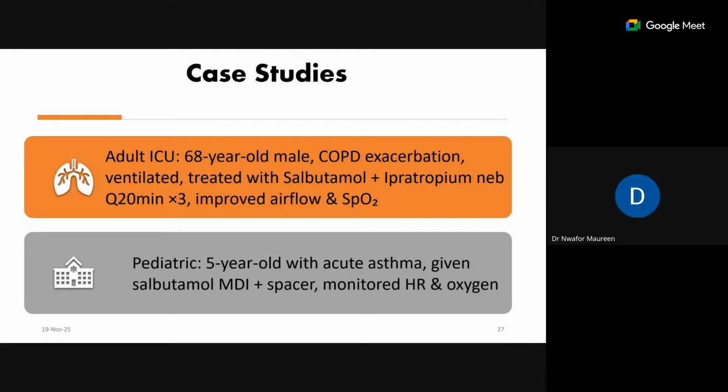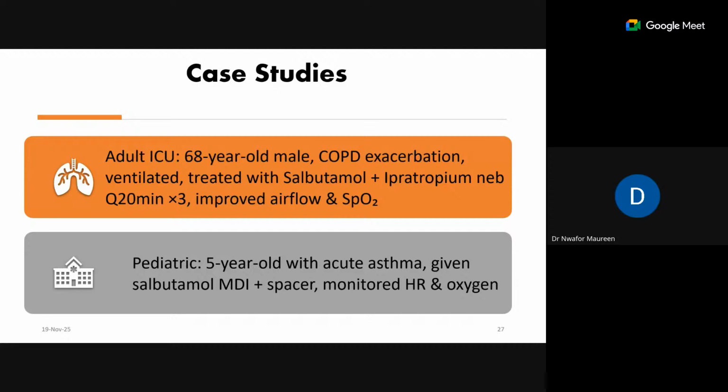So you can see we have a short-acting adrenergic agent plus a short-acting anticholinergic agent given together, every 20 minutes, 3 times, and it really had an effect on this patient, improving airflow and the SpO2 of this patient just by using these two combinations.